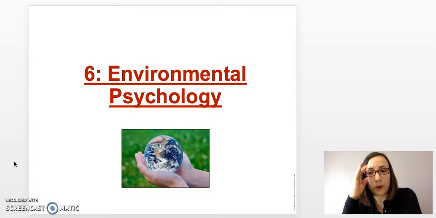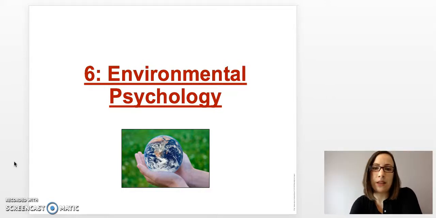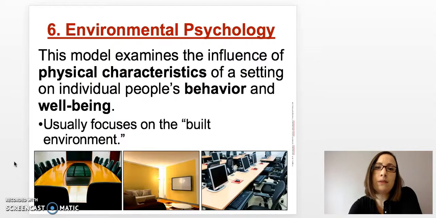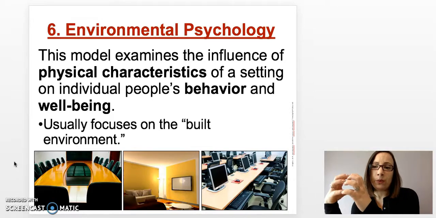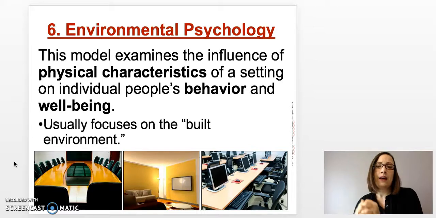And we borrow a little bit from environmental psychology when we're trying to understand how a setting or community climate, rather, would impact the people who participate in it. Because environmental psychology is very concerned with the influence of physical characteristics of a setting on people's well-being and behaviors.